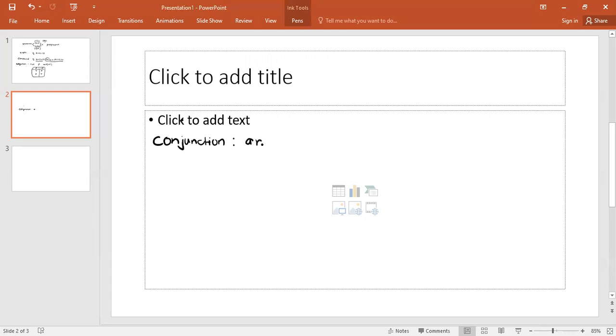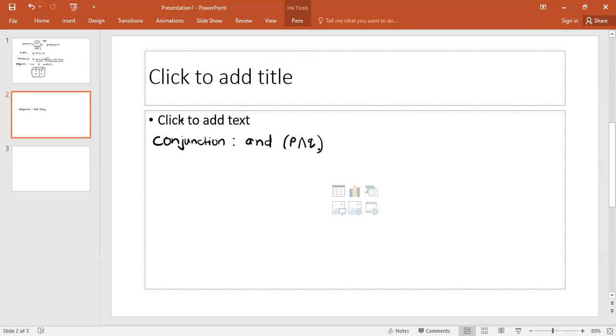We use the word and in conjunction. In negation, we use the word not. Suppose P and Q are any two statements. The conjunction of P and Q is defined as the statement P and Q. It is denoted symbolically as P conjunction Q.